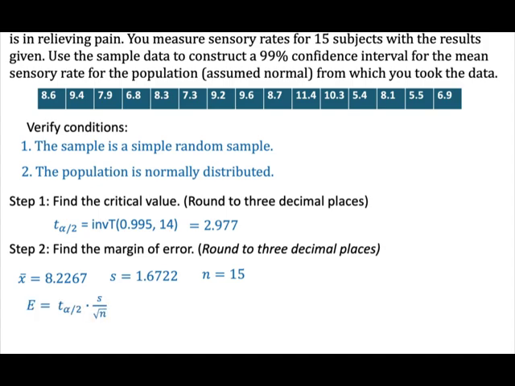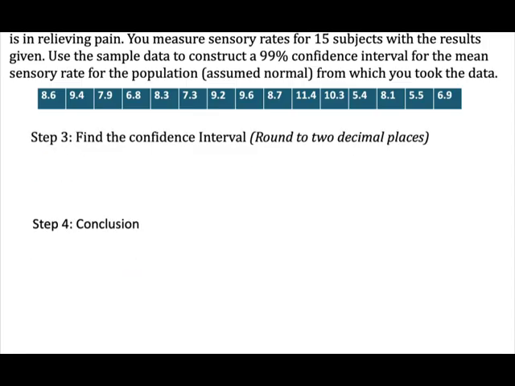Now, find the margin of error. Okay, check your work. You have the critical value here times sample standard deviation divided by the square root of 15. You should get 1.285. And then plus minus the sample mean.